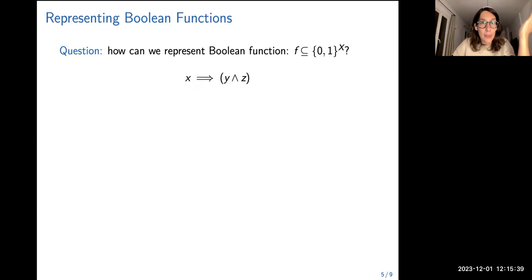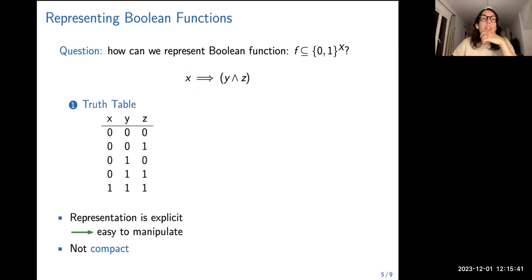So let's see if there's something else that we can do. One easy way, or at least more intuitive, would be truth tables. In truth tables, you have the first line where you list all your variables, and then you just enumerate all the satisfying assignments of f. Here, if x is false, then you have all the possible assignments of y and z, because we don't care about them.